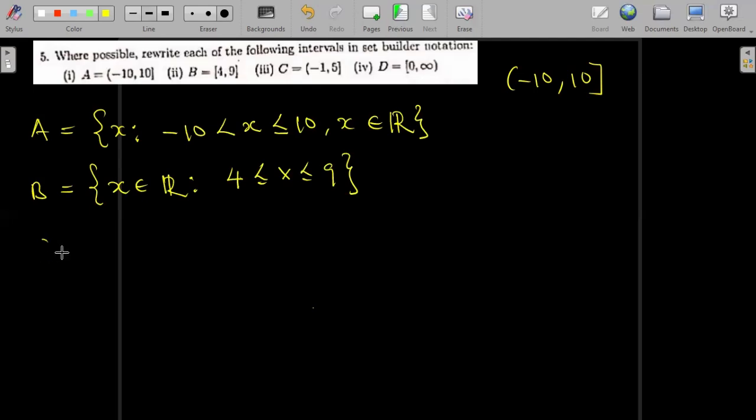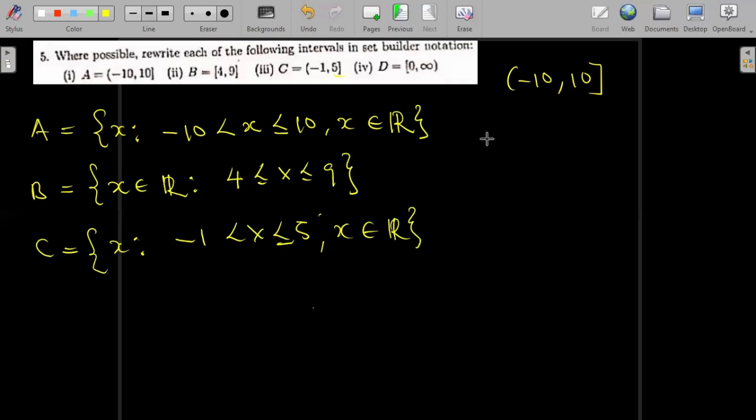For C, kind of the same thing, X such that negative 1 is less than X less than or equal to 5, because it is closed there at 5. Then you say X is a member of the real numbers.